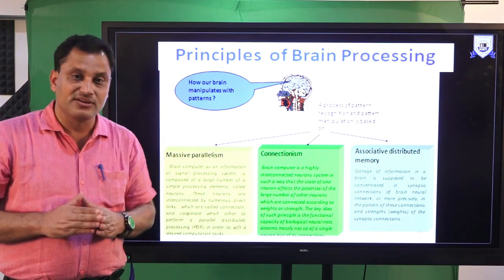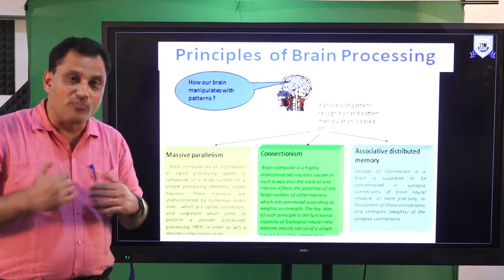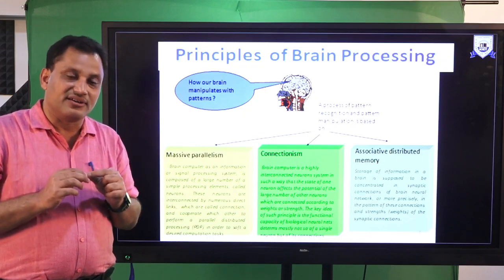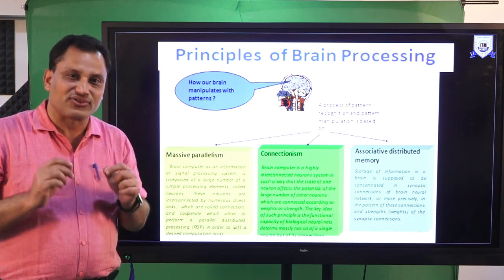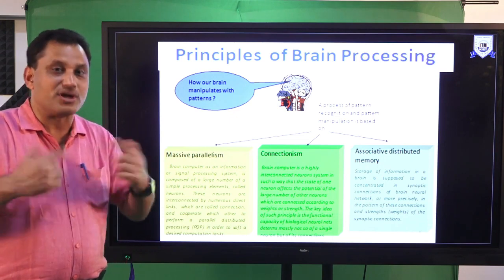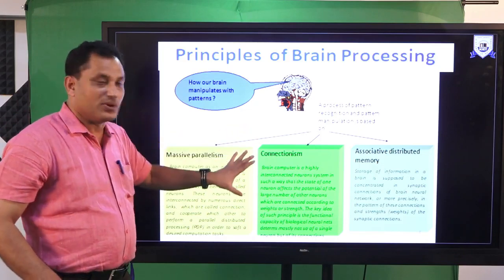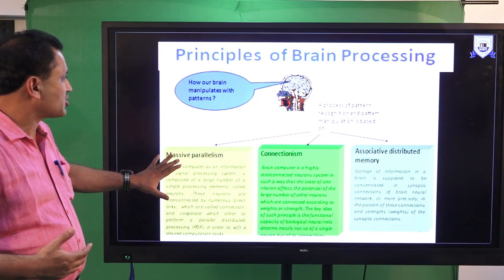The meaning is simple. There is no concept of secondary memory in the brain. So how does the brain remember? When the neurons are interconnected, the strength of that connection establishes the memorization. So these are the basic characteristics of human brain processing. That is how the human brain processes instructions.